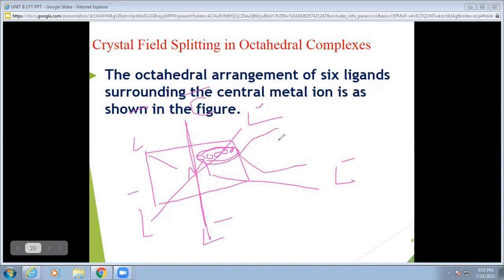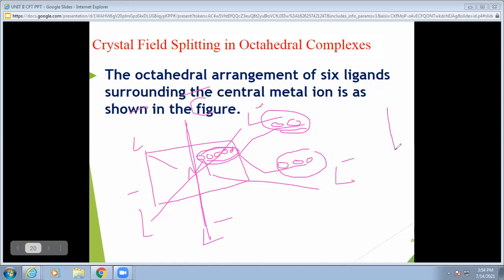Some orbitals go to a higher energy state and some orbitals go to a lower energy state in the octahedral field. Three orbitals go down, to the lower energy state, and two are at the higher energy state. This is the simple splitting. Why is it like this? That is the question.